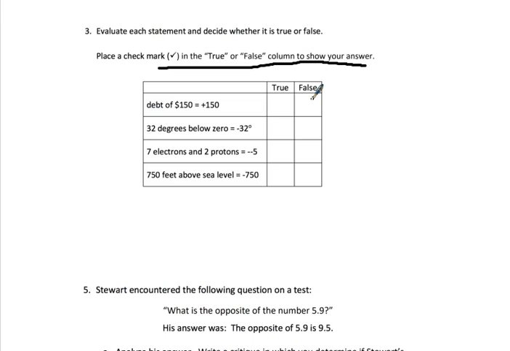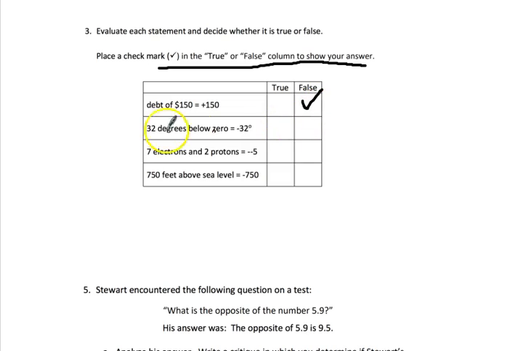Okay? So a debt of $150 is a positive 150. Well, we just saw the situation with the checking account and Jared overdrawing his checking account. So if you have a debt of $150, that is not a positive.